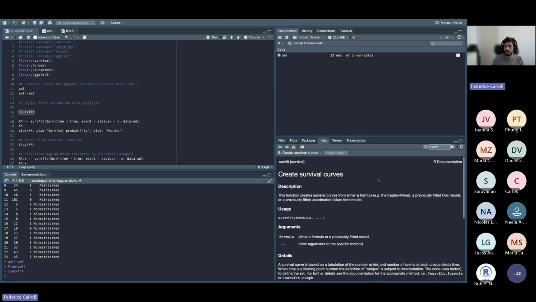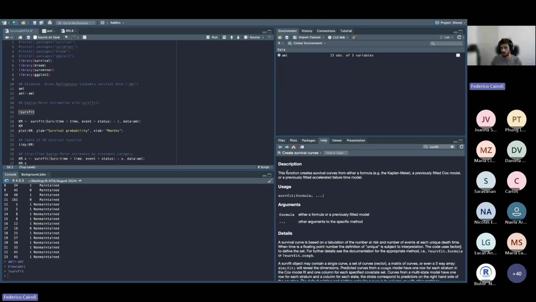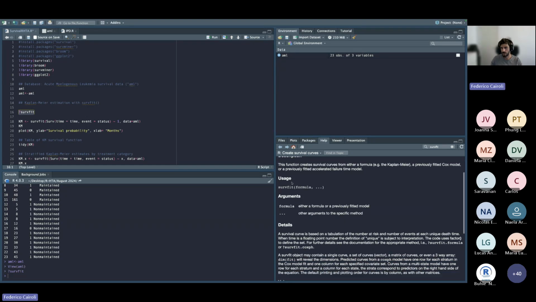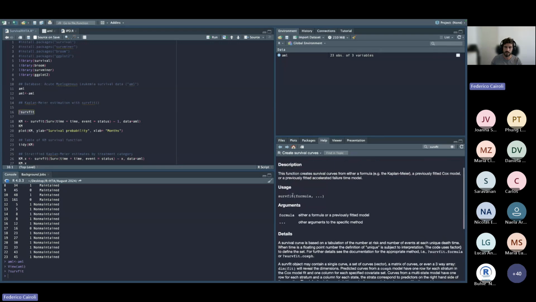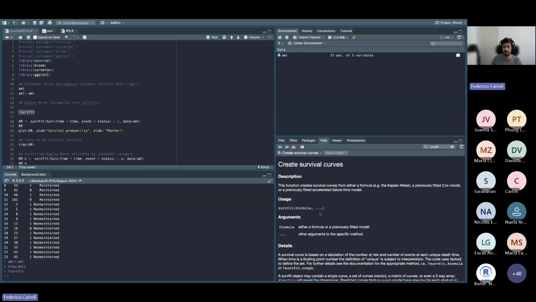So we obtain this specific information for this specific function, survfit, from the survival package. And basically, you are going to read some description, usage, and also details. The main point here is that this specific function is going to replicate these Kaplan-Meier curves, but will need some information.